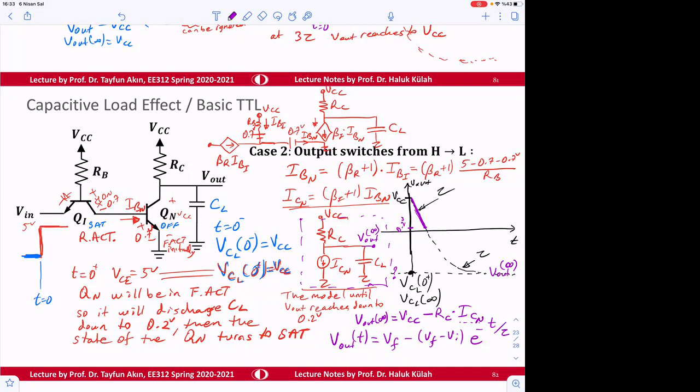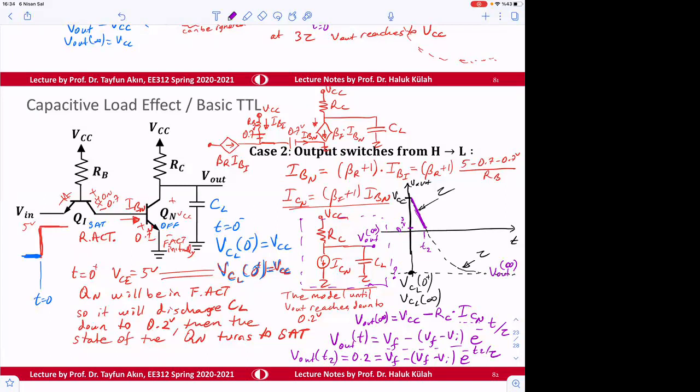So at T equal to T2, the voltage is going to be 0.2. And then I have all these values here: VF minus (VF minus V initial) e to the power minus T2 divided by tau.